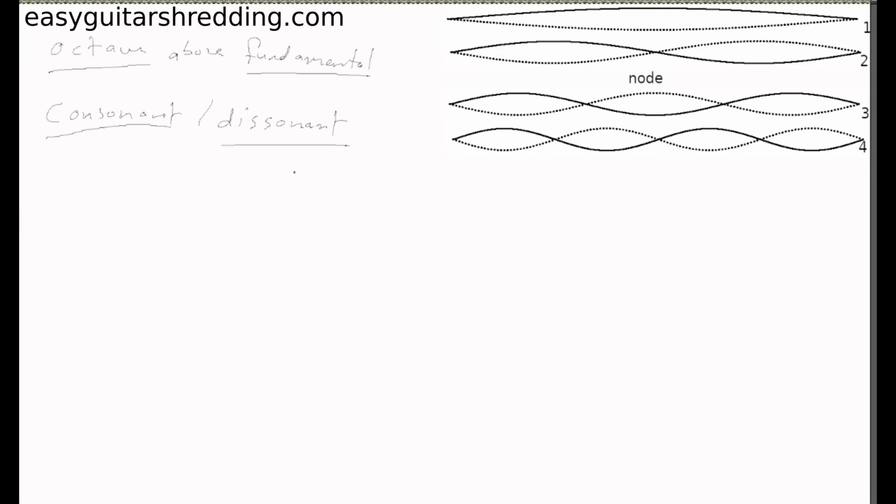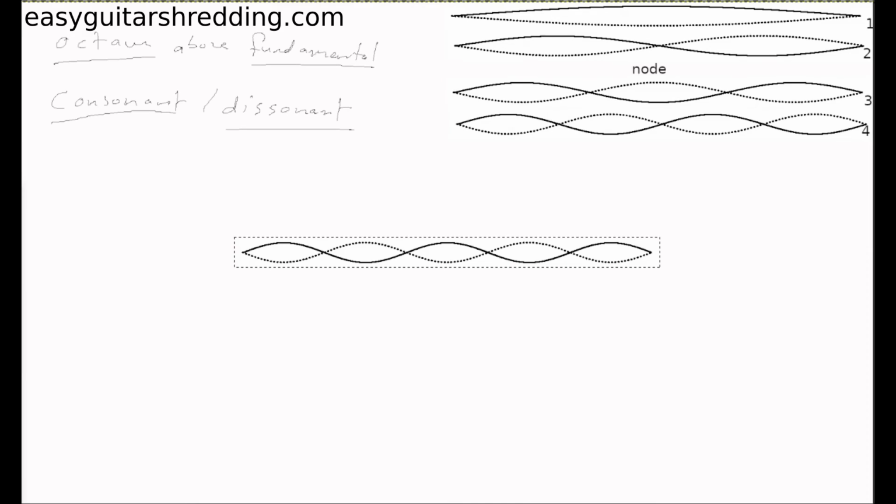So let's see what these next 4 harmonics look like. So there's the 5th harmonic. There's the 6th harmonic.